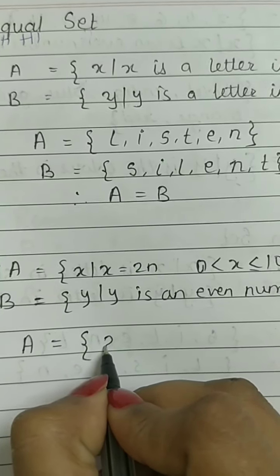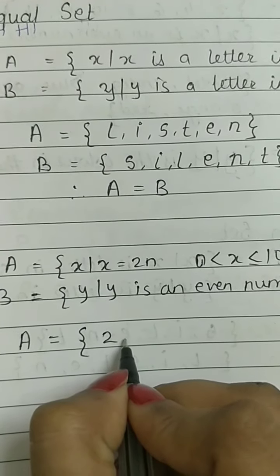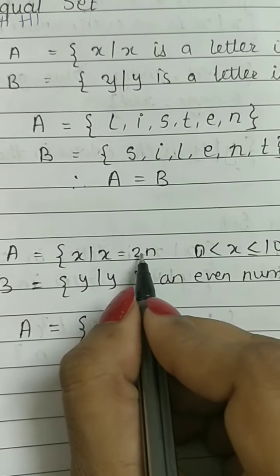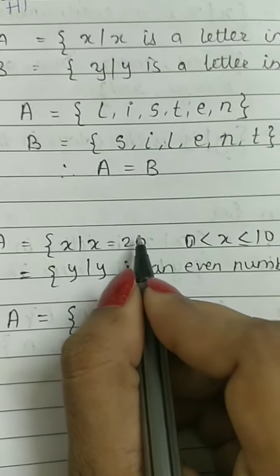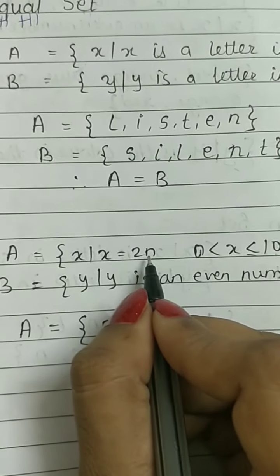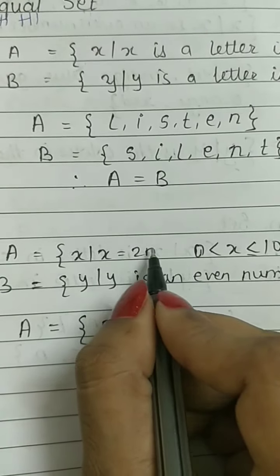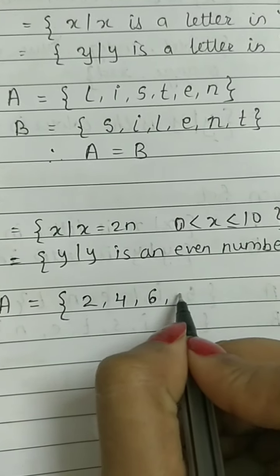If n is equal to 1, then our x will be equal to 2 because x is equal to twice of n. If n is equal to 2, x will be equal to 4. If n is equal to 3, x will be equal to 6. If n is equal to 4, x will be equal to 8.